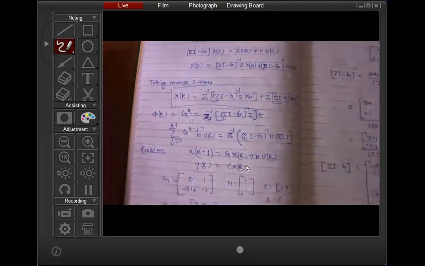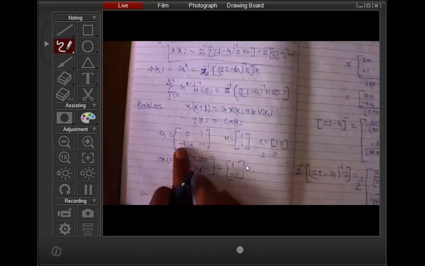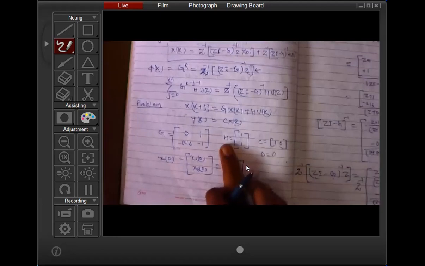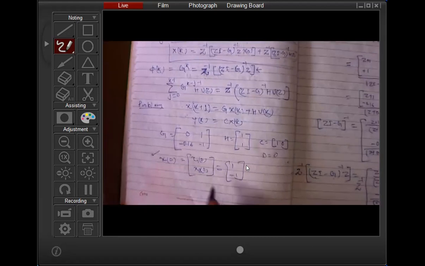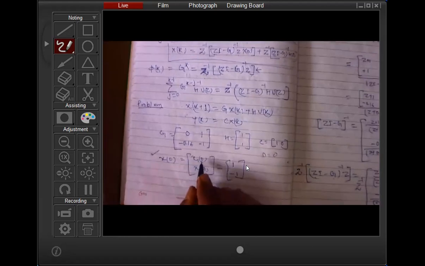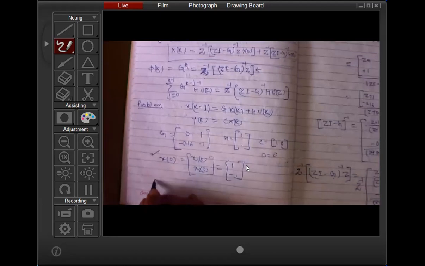The G matrix is 0, 1, minus 0.16, minus 1, and the H matrix is 1, 1. The initial value of the state variable is x1(0) and x2(0) equal to 1 and minus 1.